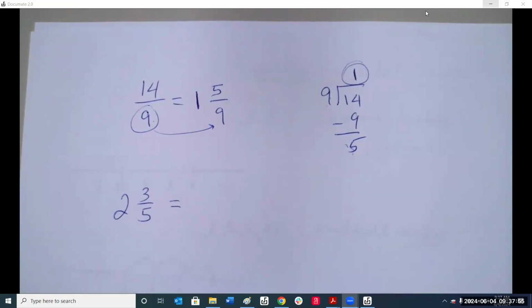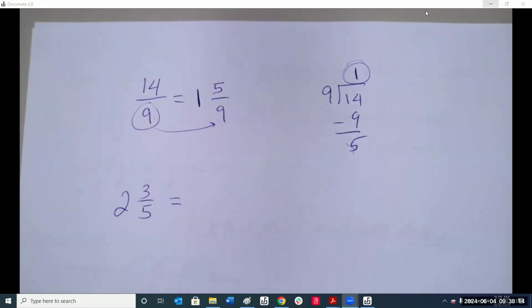What if I gave you a mixed number and I asked you to convert it to an improper fraction? How would you do that? Yeah. Let's see. Anybody else know?